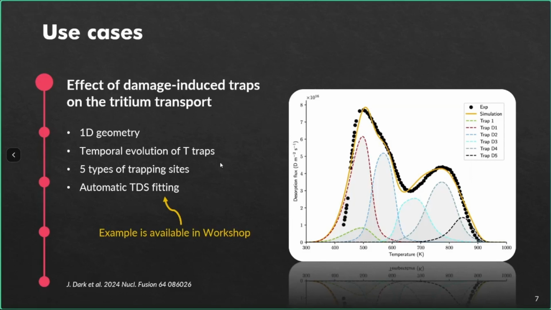These are the results from our German paper, where the final TDS spectra has been fitted automatically. By fitting, I mean parametric optimization of input parameters for the model. And for the users, there is a special example that shows how this parametric optimization can be done.